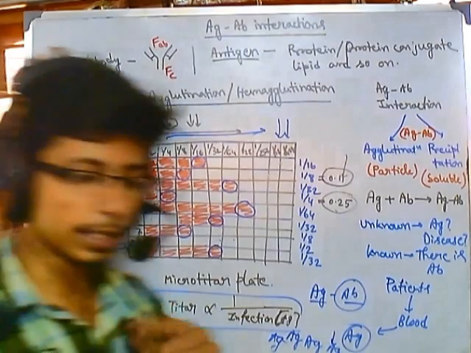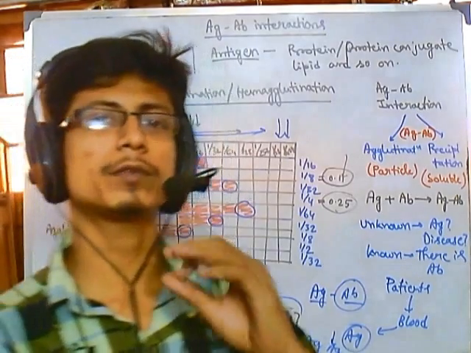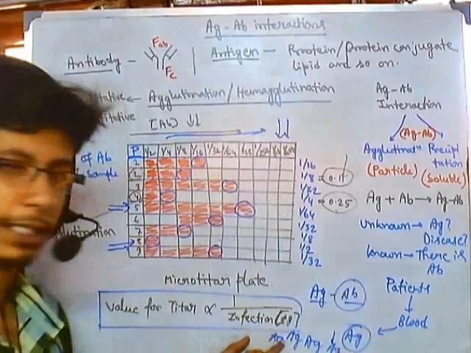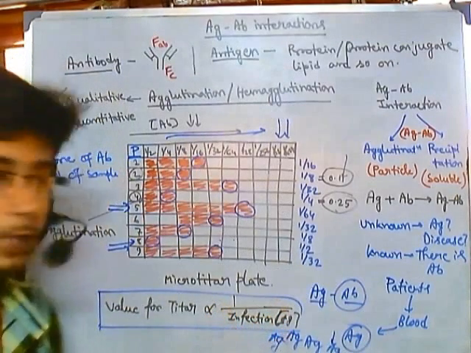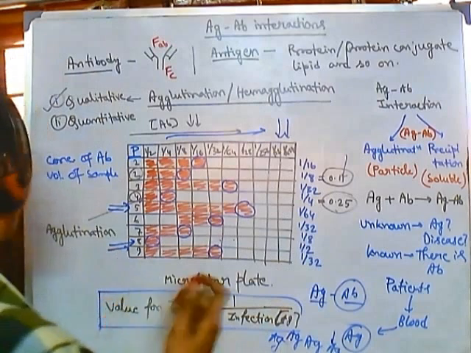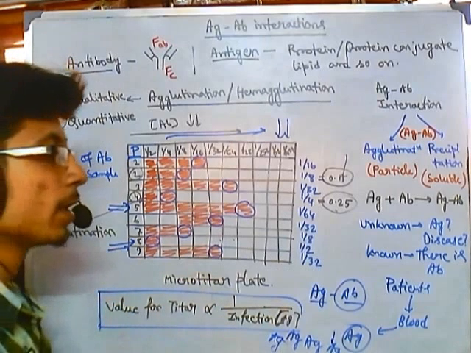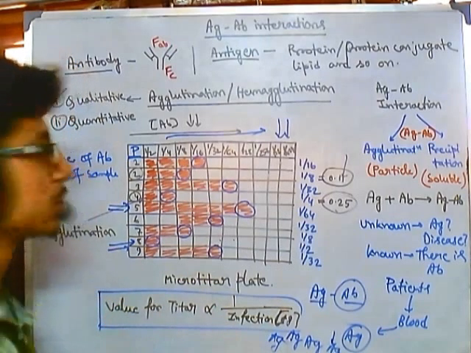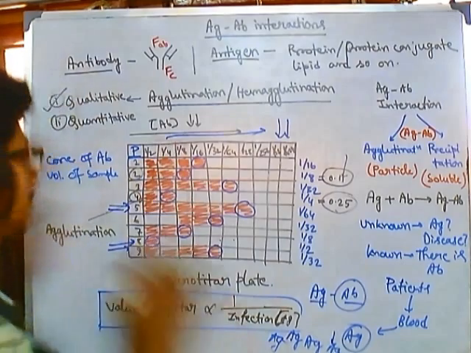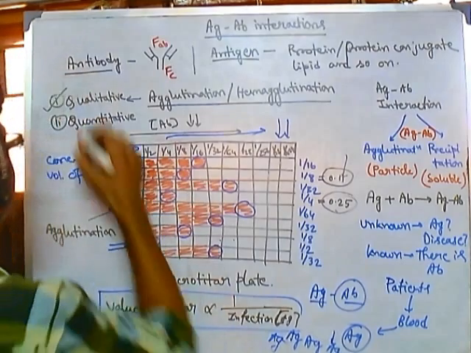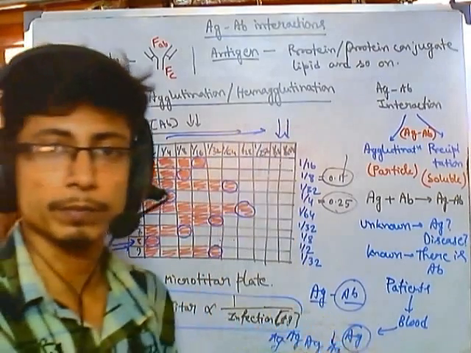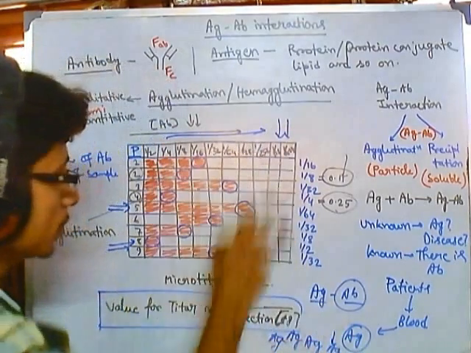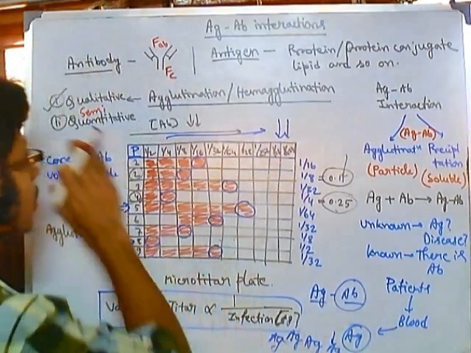But you can ask me a question. Quantitative means we want to find out the exact concentration of antigen, but we are not getting any concentration of antigen from this, right? So that's why it is not exactly called quantitative. It is a semi-quantitative process, but it is giving us much information that we can get from these particular titer plates, but it is not totally quantitative.